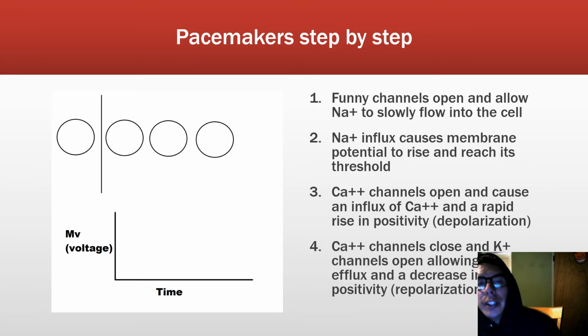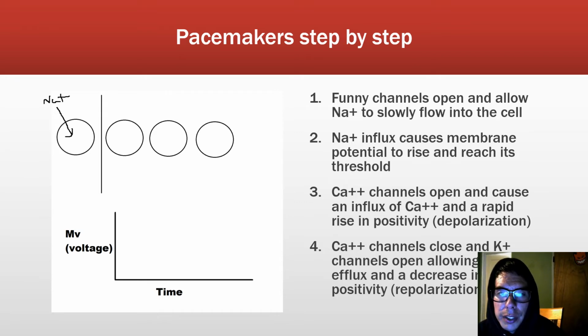So again, these little dots up here I was going to show step by step, but that's what I just explained, so I'm not really going to do that. Well, I guess I kind of will. First we have a slow influx of sodium through the funny channels.